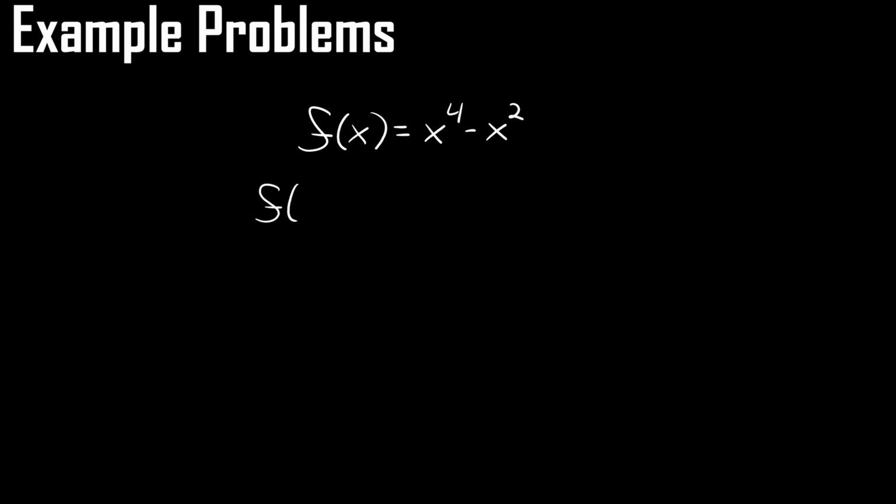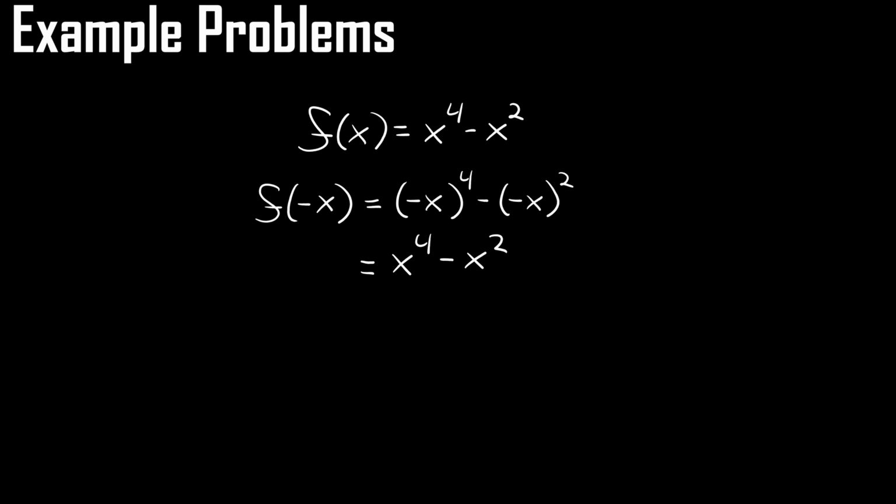So we'll get f of negative x equals negative x to the power 4 minus negative x to the power 2. When we simplify this, it will become x to the power 4 minus x squared. So f of negative x equals f of x. So it is an even function.